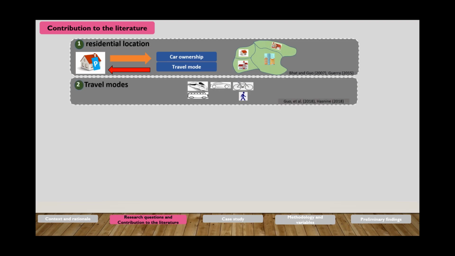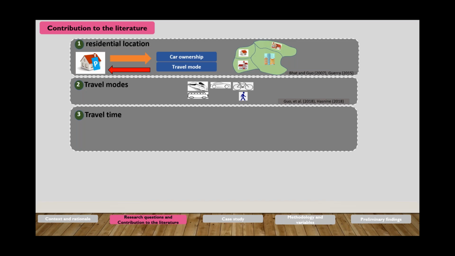The second point is that I consider different travel modes for commuters. It's not just a binary choice like driving against all other modes. Instead, I have choices of driving, active transport, and public transport as commute mode choices.